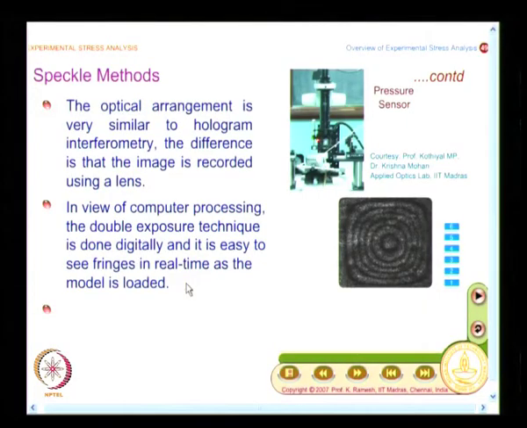That is because of your computer processing of data, and you have fast computers to process image information quickly, and it gives you a semblance of real time appearance of fringes.